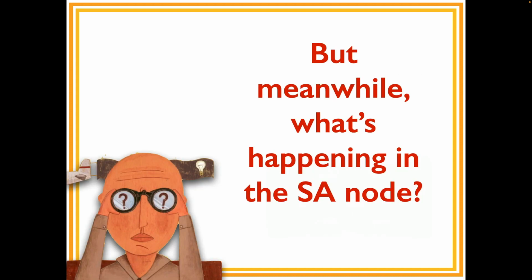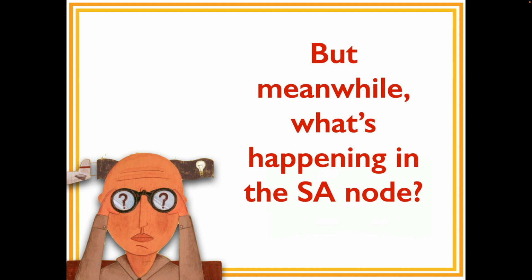But if there is an AV block in the AV node, what's happening in the SA node? Well, the truth is, because it happens below the level of the SA node, it's probably just doing its job, just throwing out impulses in a regular way. Okay?